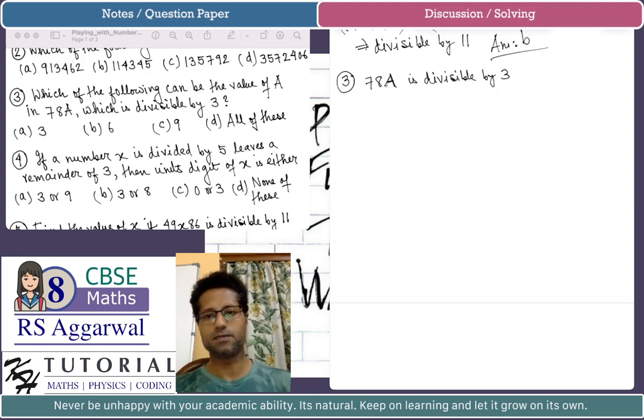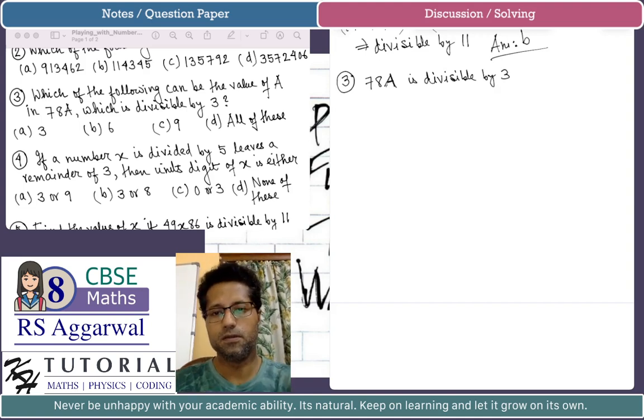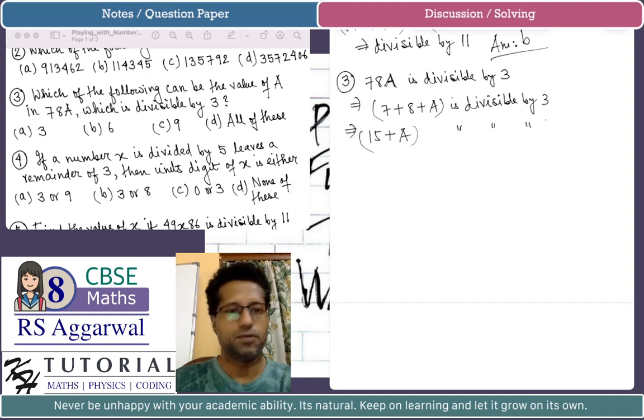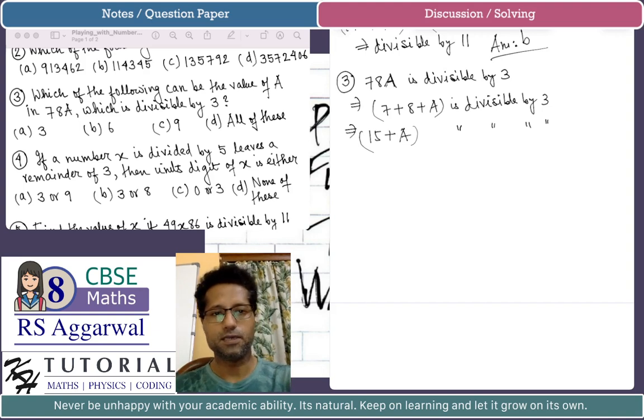So it is given that 78A is divisible by 3. This implies 7 plus 8 plus A is divisible by 3. This implies 15 plus A is divisible by 3, and it is asking the value of A.